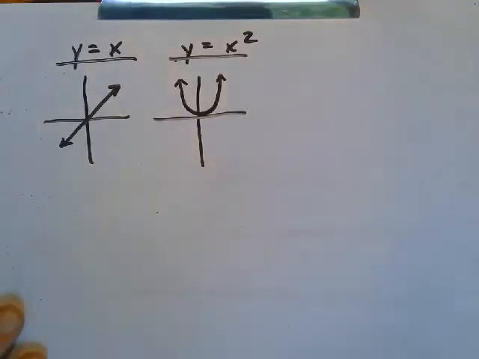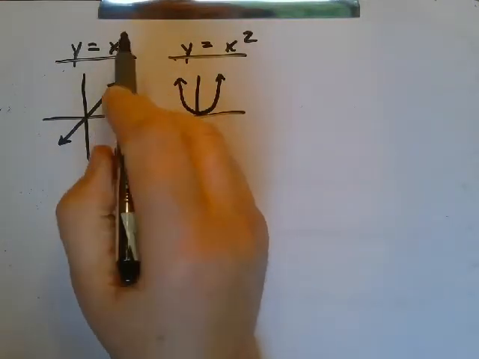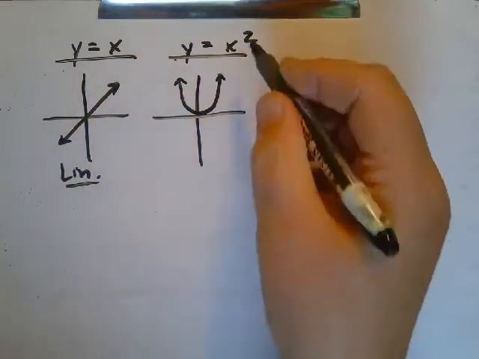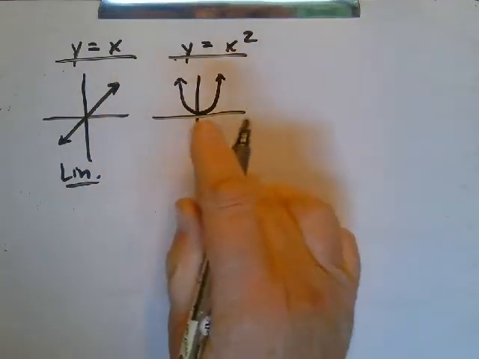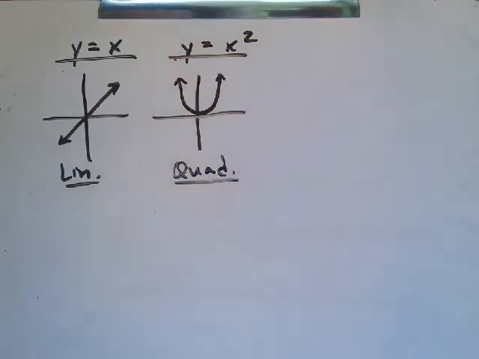All right, here are those first two equations again. This is x to the first, and of course you don't see the 1 there, and this is linear, and this is x to the second. This forms parabolas. We call these quadratic functions.